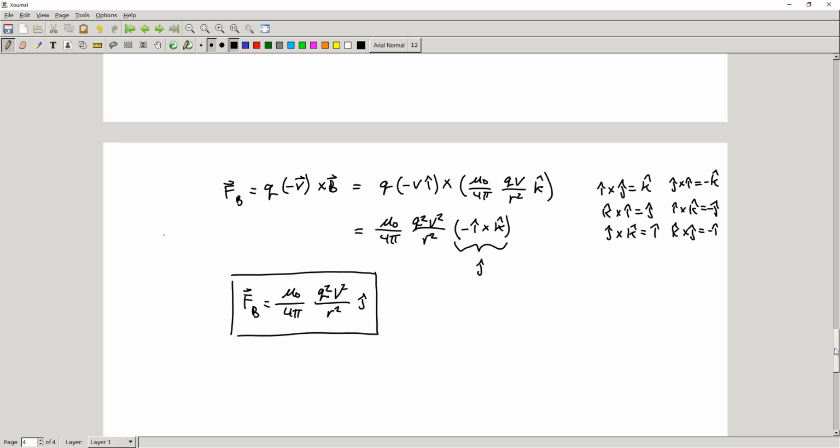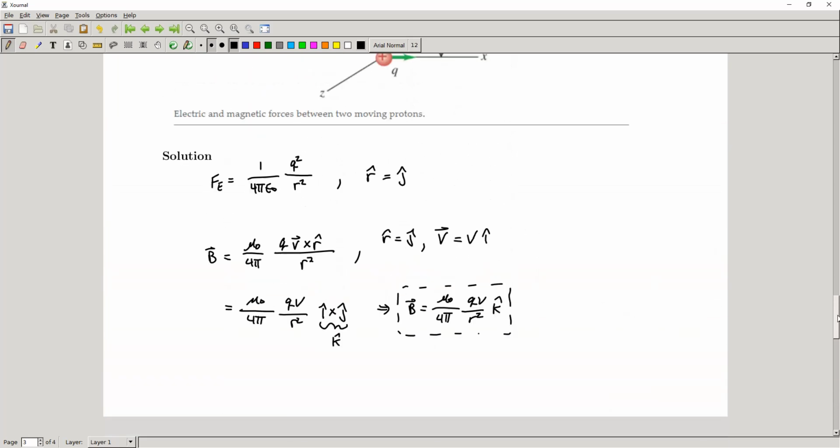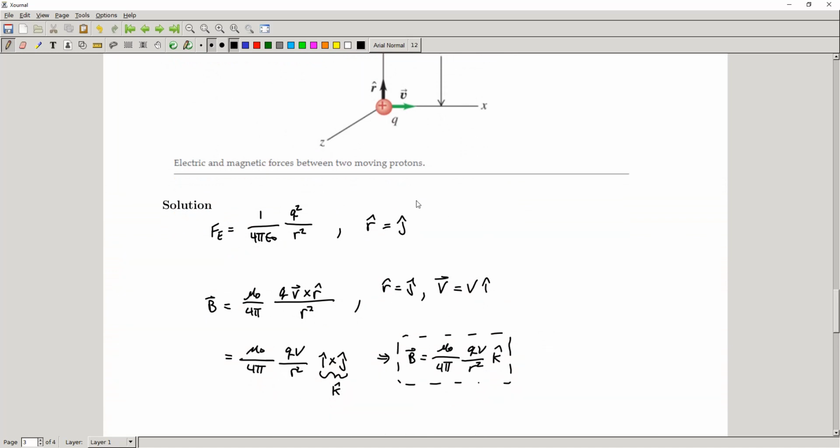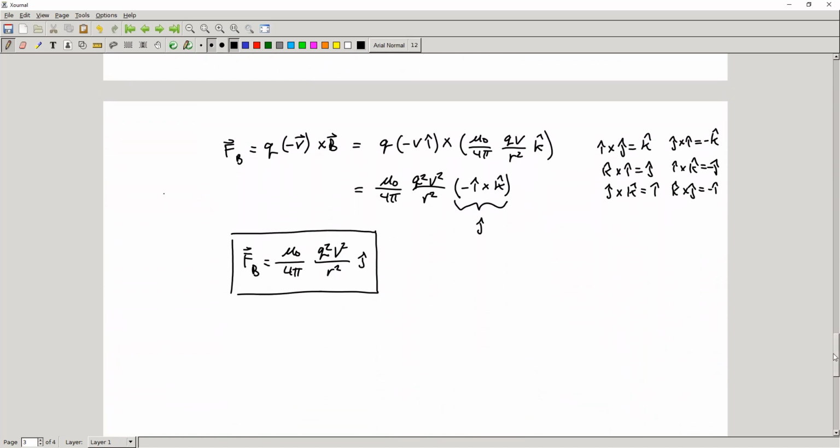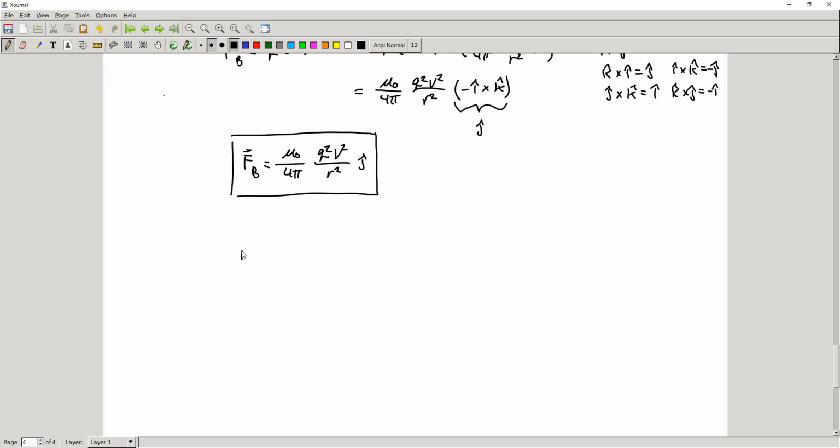Okay, and so we have the magnetic force experienced here. We know it's in the j hat direction. We have the electric force experienced, which we wrote down up here, again in the j hat direction. We didn't write it out as a vector, but we know it points in the j hat direction because r hat points j hat. And now the last part of the question wants us to compare the magnitude of the two of them. So I have some stuff worked out over here. Let's say we look at F_B over F_E.